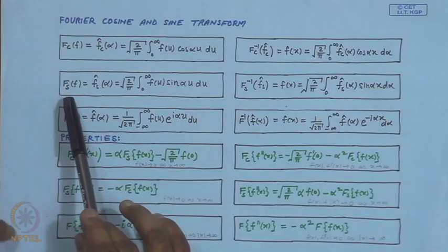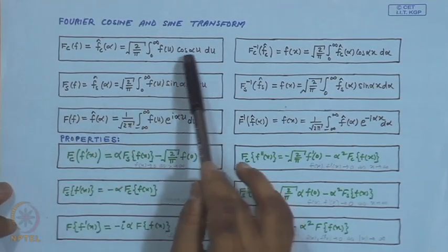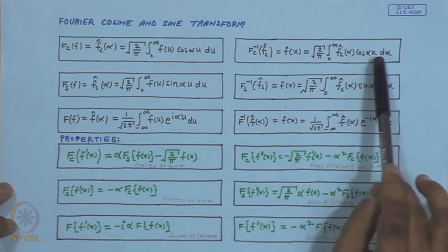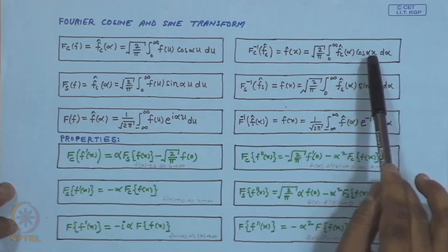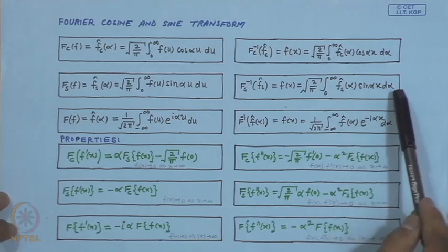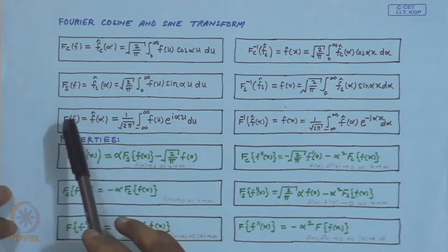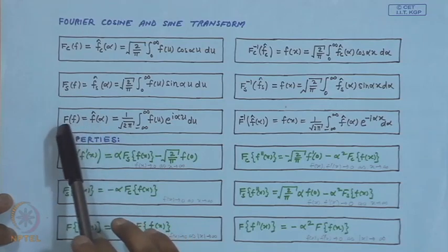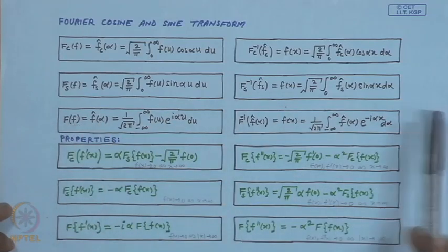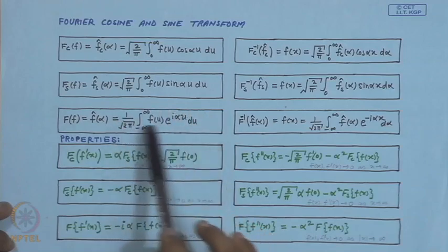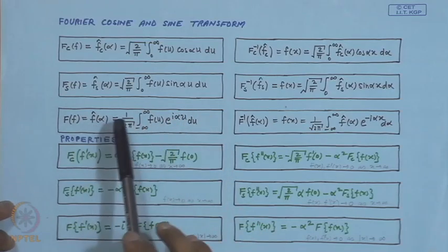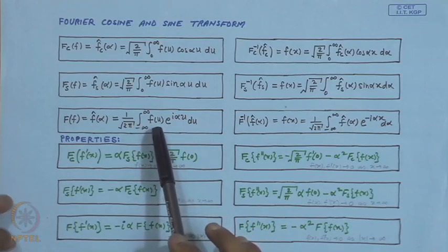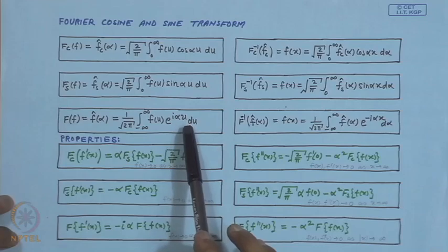Similarly, for the sine transform, instead of cos(alpha u) we have sin(alpha u), and here in place of cos(alpha x) we have sin(alpha x) d alpha. And then we studied the Fourier transform. In this case the Fourier transform of f we will also denote by f hat of alpha, because this is a function of alpha now: 1 over square root of 2 pi times the integral over the whole axis of f(u) e to the power i alpha u du.